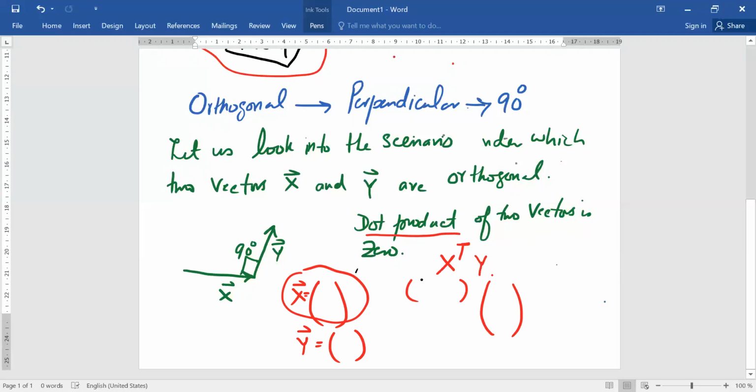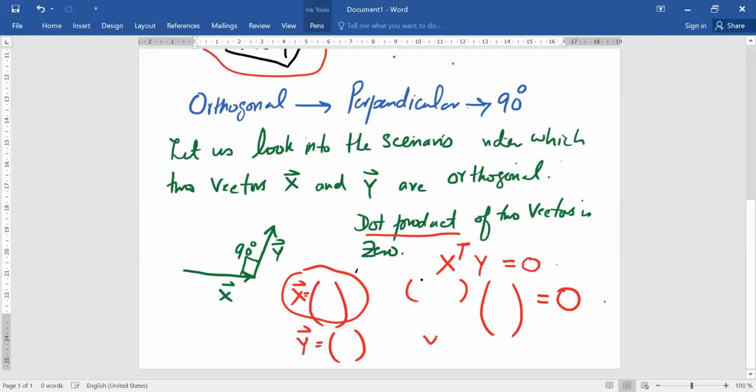So x transpose y will always give me a single number, and that single number should be 0. If that number came out to be 0, that will tell me that x and y are orthogonal. Okay, so the verification is that the x transpose y operation should give you 0.